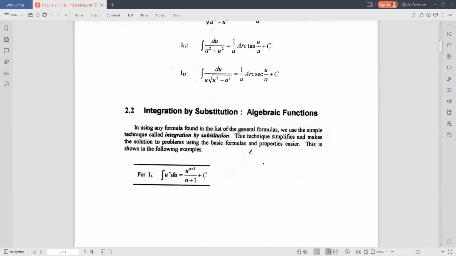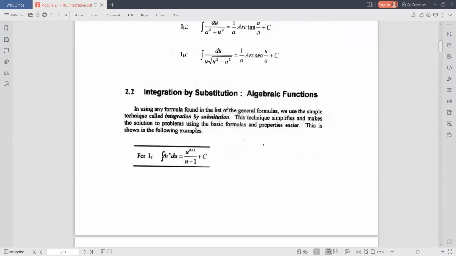Okay, so in using any formula found in the list of general formulas, we use simple technique called integration by substitution. So this technique simplifies and makes the solution to problems using the basic formulas and properties easier. So this is shown in the following examples. So let's first use the general formula for integral number 1, that is I sub 1.